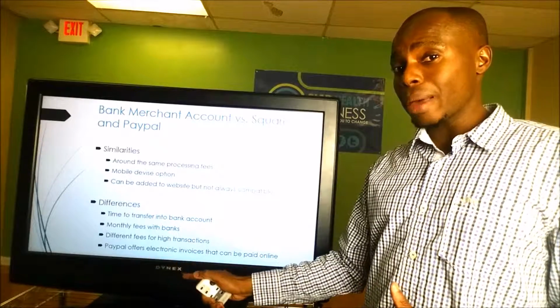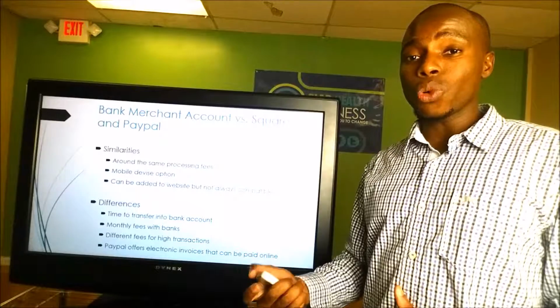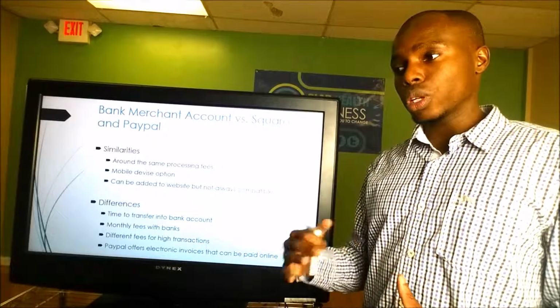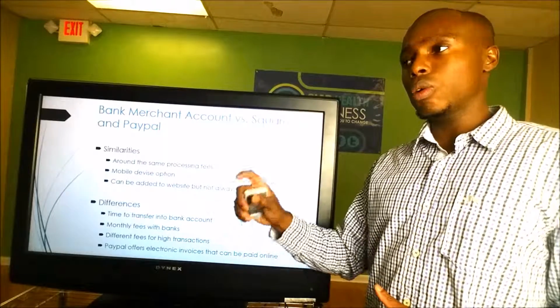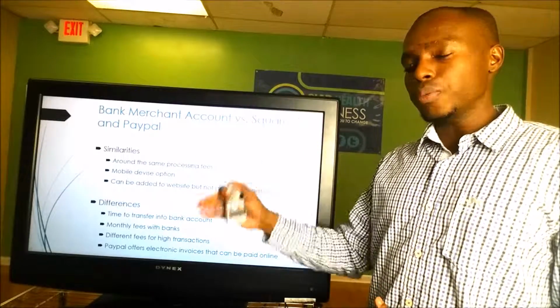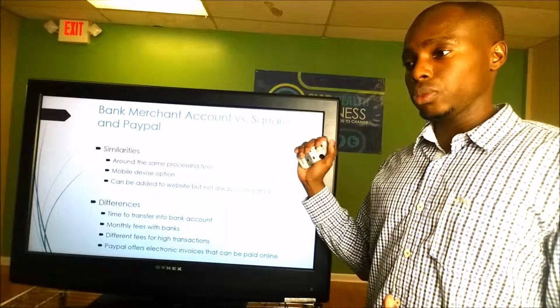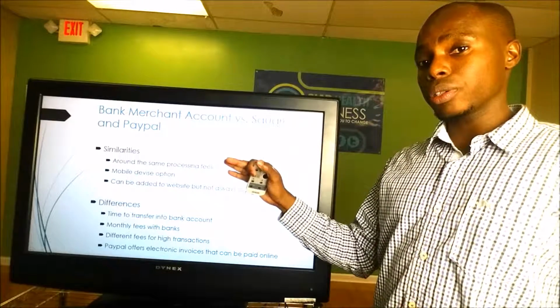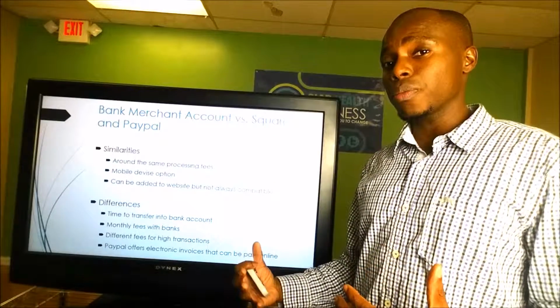Cool thing about PayPal is PayPal gives you an electronic invoice option. This is really cool. You can send invoices, and you can put your logo on, your tax information, your business address, and contact information. You can actually design your invoice with their template, and it makes your business look very, very professional.